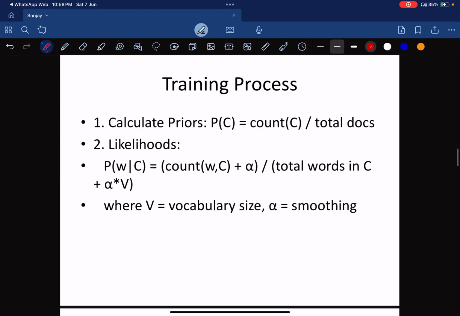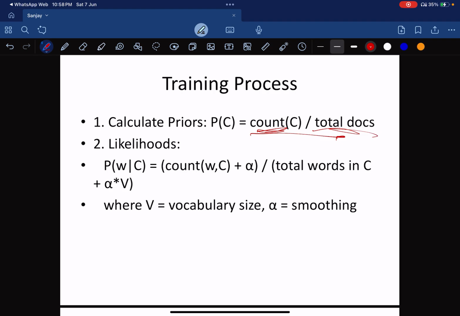To understand this well, we will go through the training process so that you see how the model works. This is the probability formula for each class. For example, the count is the total number of words in that class, and total docs is the total number of words in all the classes.